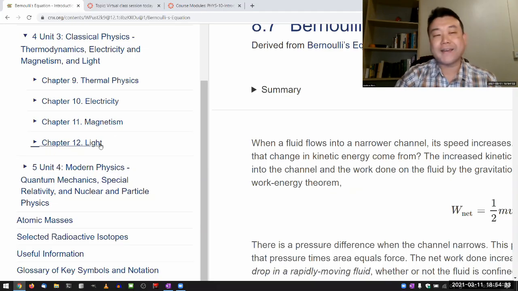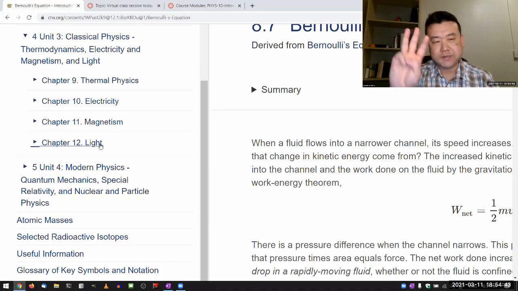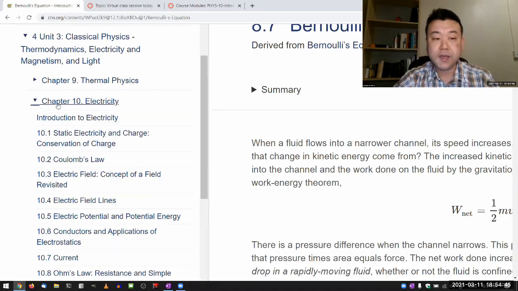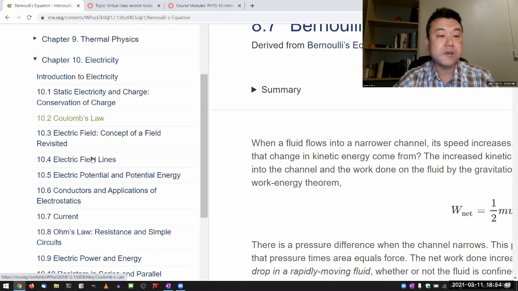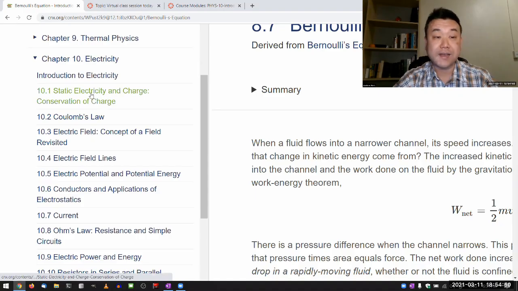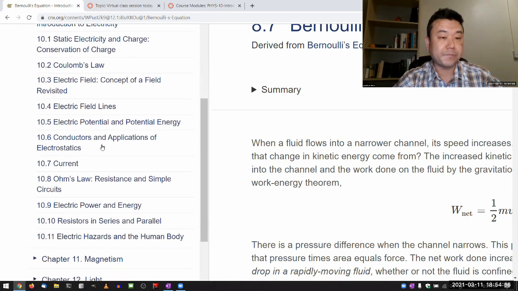Now, it looks like it's divided into 3 chapters. And, to a great extent, how we cover it in this class, it'll look like 3 separate things. In chapter 10, we cover electricity, electric charge, like static electricity, how electric charges interact.